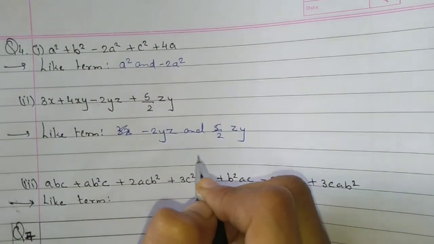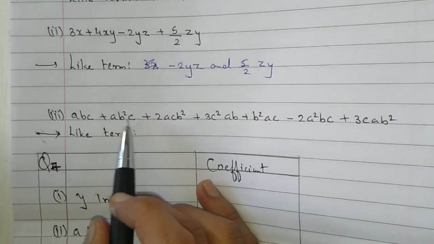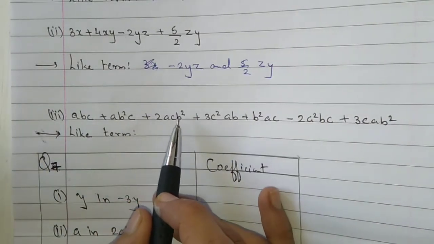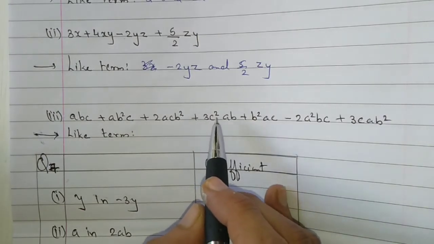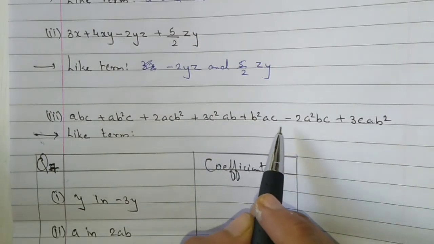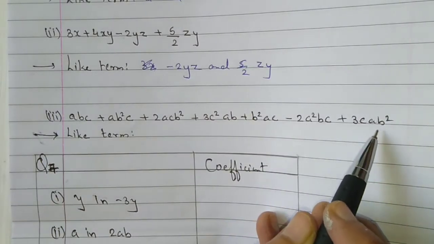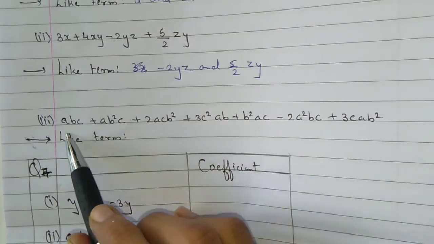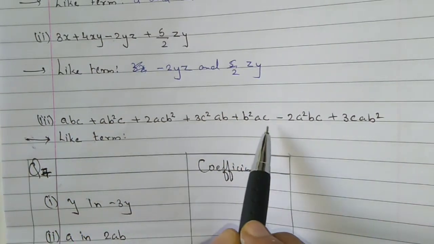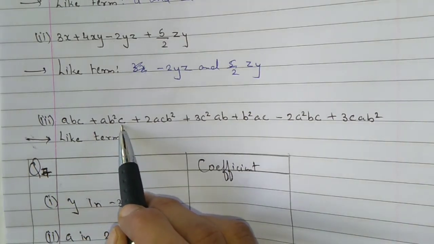Okay, now question 3, a plus b plus c, a square c plus 2ab, ac, b square plus 3c square ab plus b square ac minus 2a square bc plus 3c ab square. Now which are the like terms here? abc alone is not there. Second, a b square c.